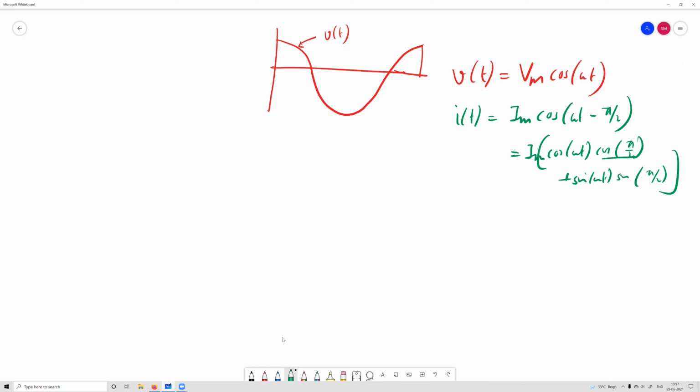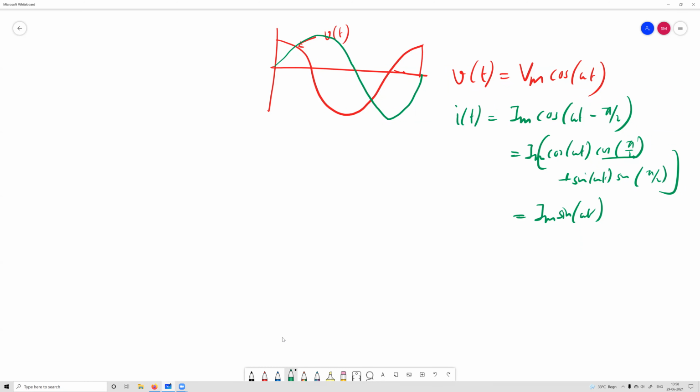Now the first term is 0 because cos pi by 2 is 0. So that is Im sine omega t. How will that look? That will look something like this.